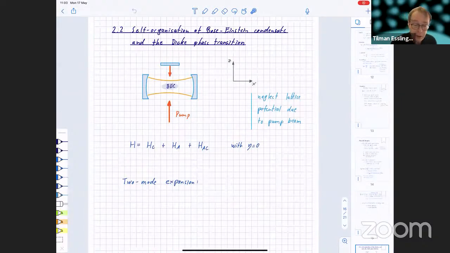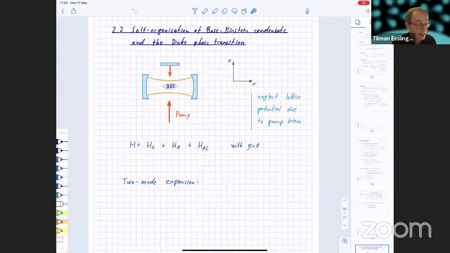We will look mostly at the following configuration: a pump beam, a laser beam from the side, which is back reflected and off resonant with the atomic transition of the BEC, so maybe 785 nanometer while the atomic transition is 780 nanometers, and it is close to the resonance of a cavity mode.